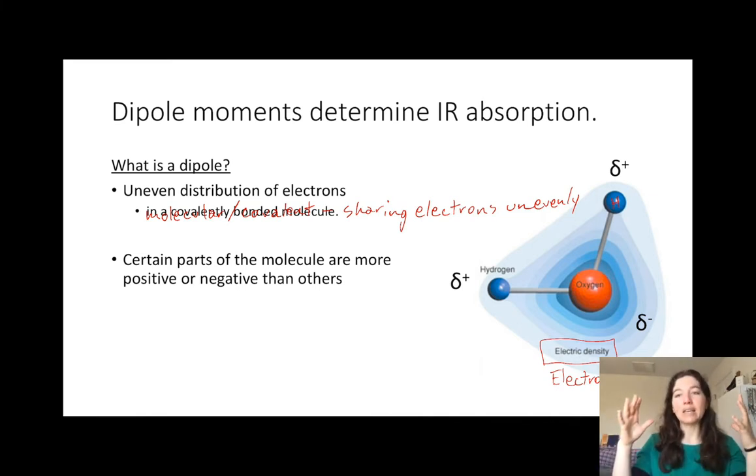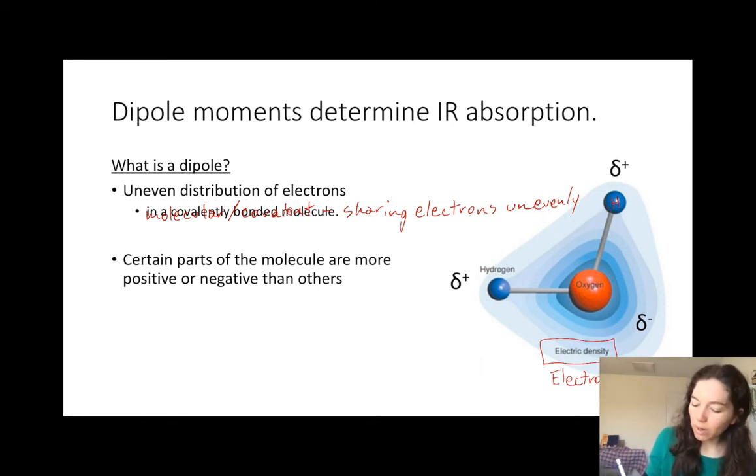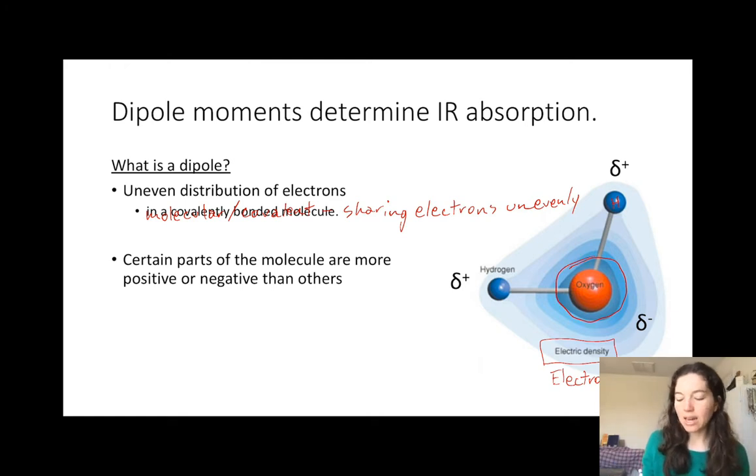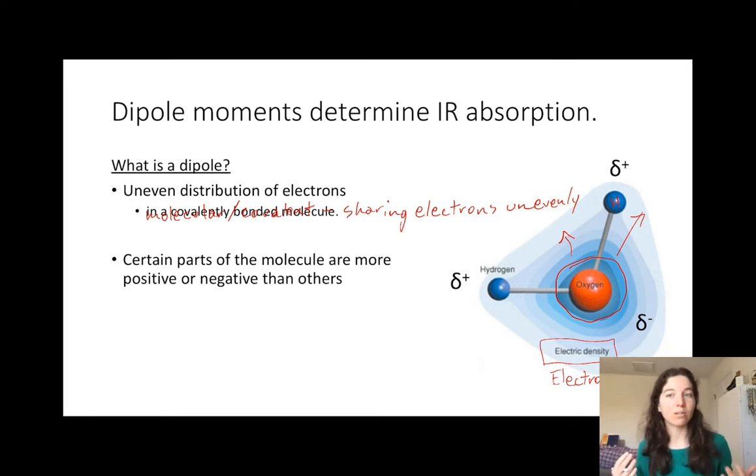And as the waves get darker, you can see that that's where the electrons are more likely to be. So we have more electrons around our oxygen, and it gets lighter and lighter as we go further away from the oxygen, say out towards the hydrogens. So there are electrons out at the hydrogen, there's just a lot less.